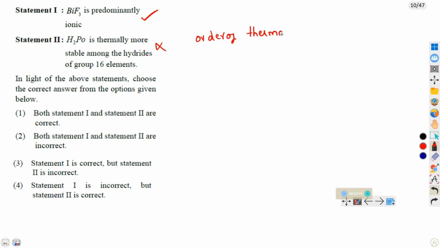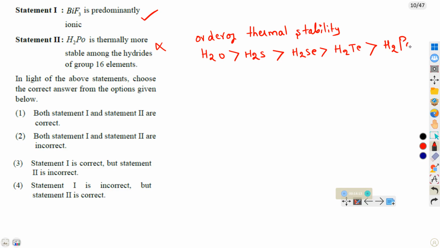Order of thermal stability is H2O greater than H2S greater than H2Se greater than H2Te greater than H2Po. H2Po is least stable.